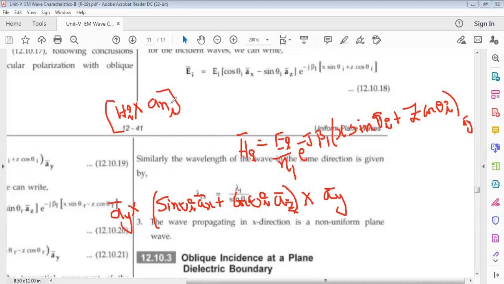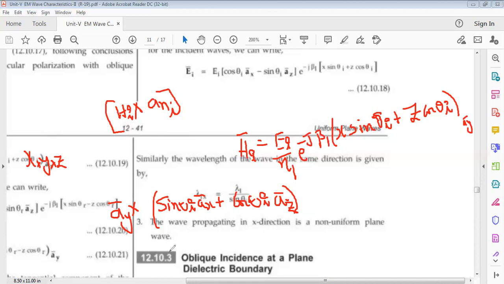So AY bar cross AX: the order is XYZ. The cross product of XY is AZ, YZ is AX, and ZX is AY.